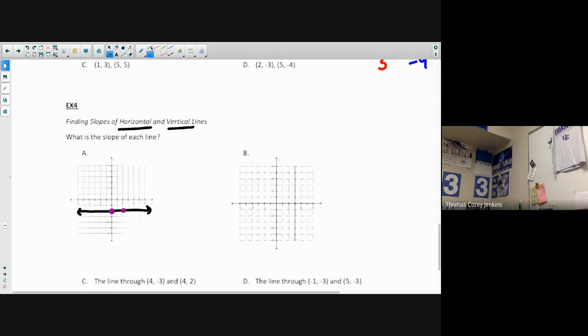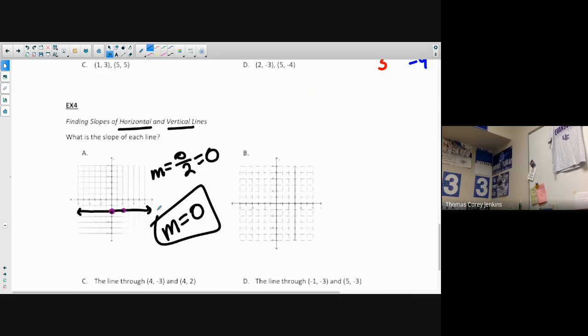So if I do my rise from here to here, how many did I rise? I didn't go up or down any, so I rose 0. I can run 2, but really, if 0 is your numerator, it's irrelevant what your denominator is. 0 out of anything is equal to 0. Okay.